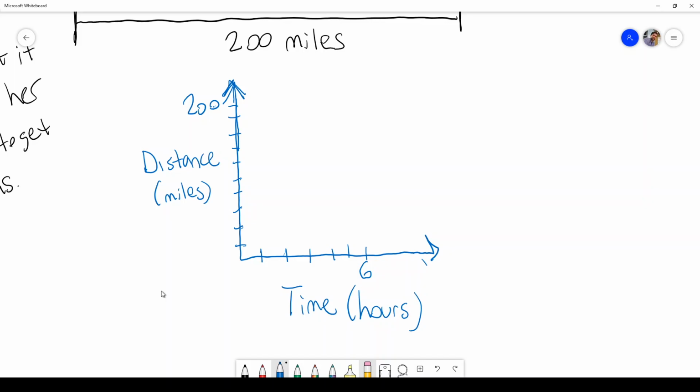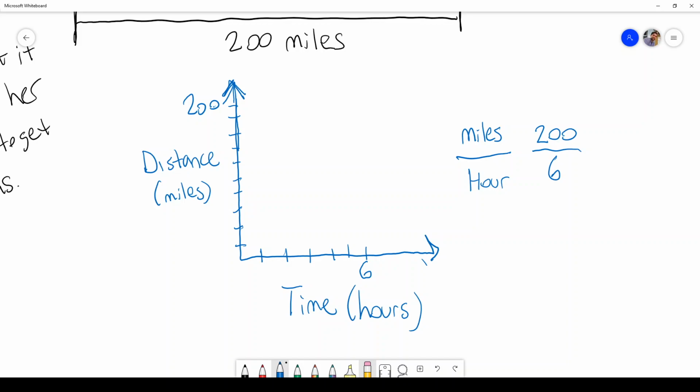So, let's look at that in terms of our rate, like we did in the other example. Well, she went 200. So how far did she go? Miles. Let's write a proportion. Miles per hour. Well, she will go 200 miles in how many hours? 6 hours.